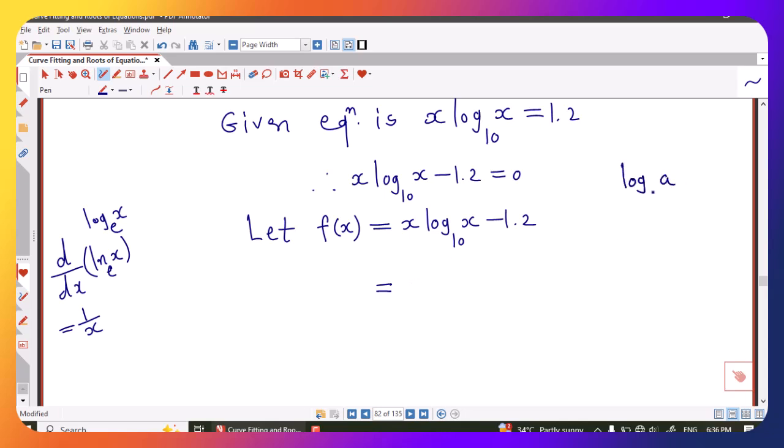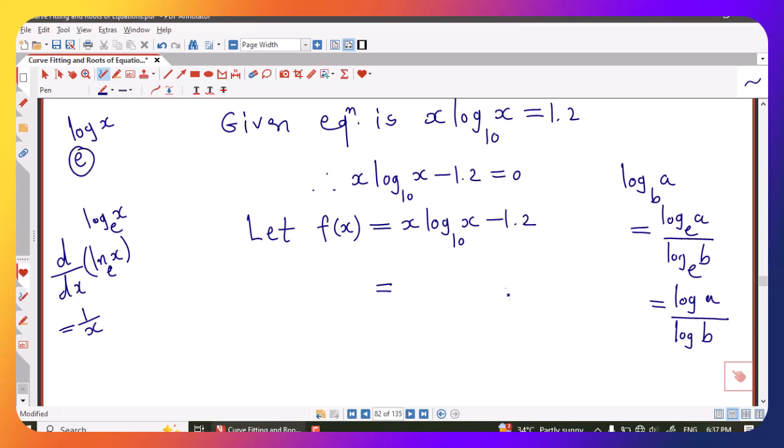We know that if we have this type of log of a to the base b, then we can rewrite this as log a base e divided by log b base e, or we can ignore this natural logarithm. We can simply write in this form. So whenever we have written log x, that means our base is e.